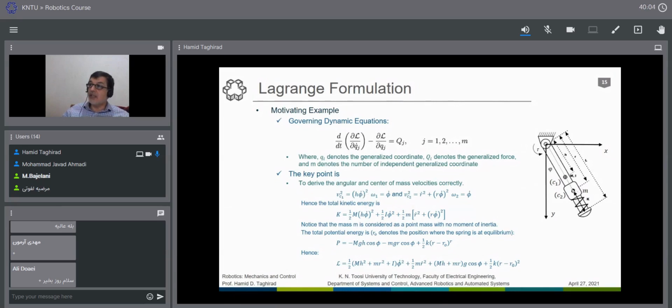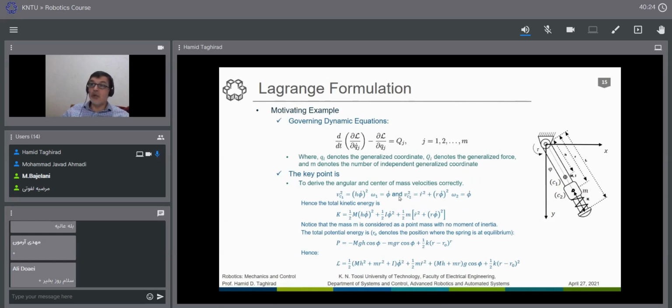We have a velocity r phi dot, in this direction, tangent. In the sliding direction, we have r dot, and these two are perpendicular to each other at each position.